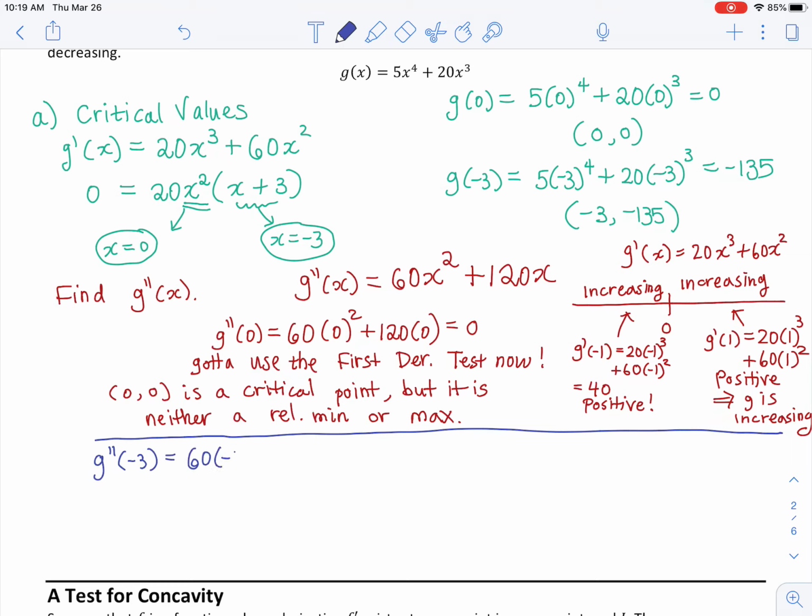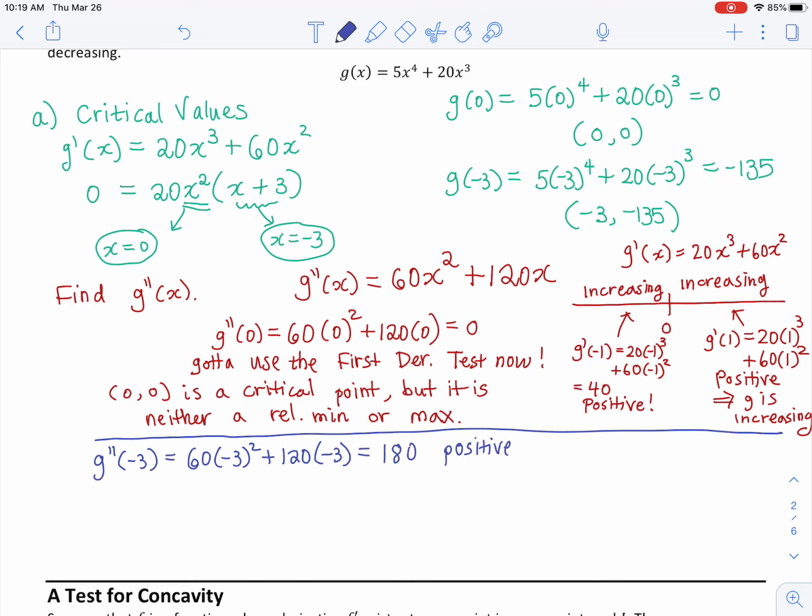-3? Let's plug in 60 times -3 squared plus 120 times -3. I hope this doesn't come out to be 0. 60 times -3 squared plus 120 times -3 is 180. Yay!